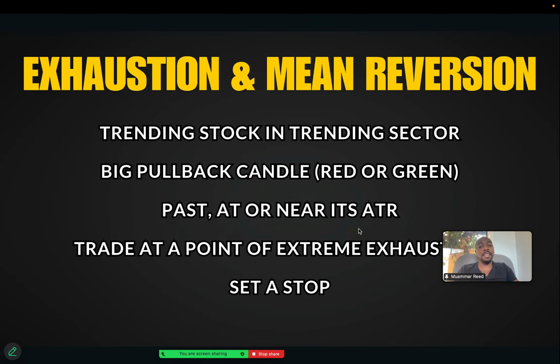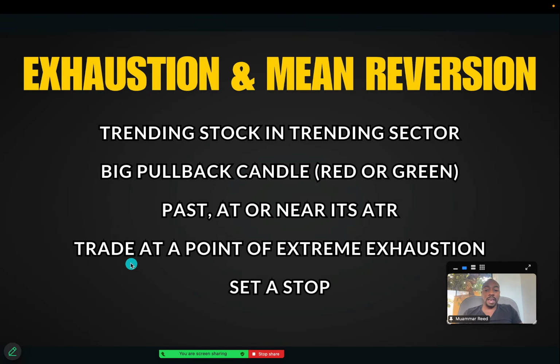You could have a day that's an aberration and an anomaly. That happens from time to time as well, but statistically, if this stock tends to move $1 and it's already moved $1.25, chances are you could be trading it to the opposite side because it's probably exhausted, right? So that's my strategy, to try and trade at a point of extreme exhaustion and then set a stop, right? That's always a portion of it.